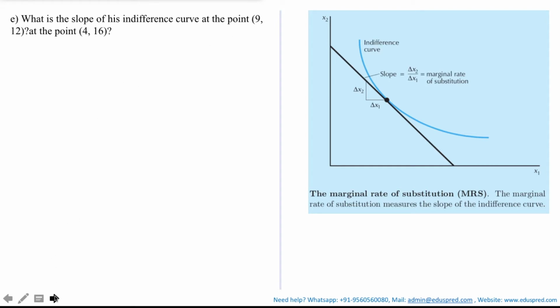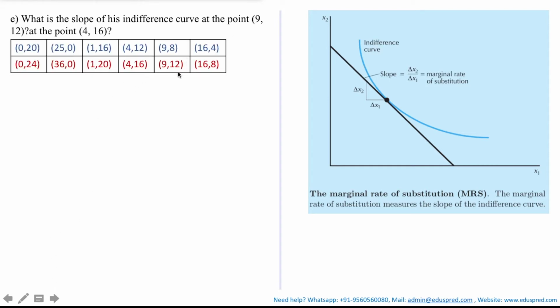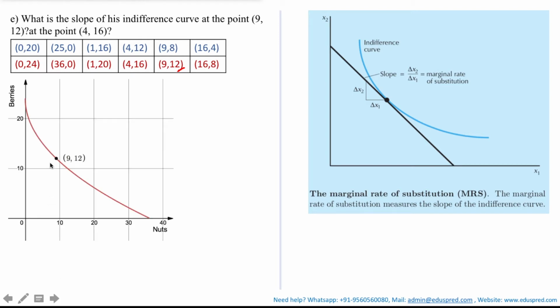Coming back to the table which we drew in part A, your point (9, 12) is in red color, which means it will be lying on the red indifference curve. So graphically your point (9, 12) is this black dot where Ambrose is consuming 9 units of nuts and 12 units of berries. In order to evaluate the slope of the indifference curve at this point, we have to draw the tangent at this point, which is this green line, and calculate its slope.